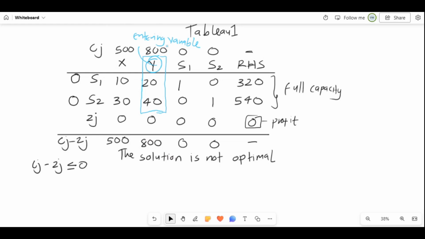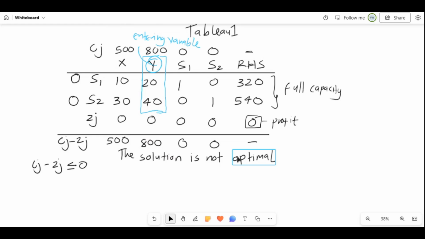So the next thing we identify is the pivot row. While talking about the pivot row, we only focus on our constraints because we have S1 and S2. There are only two constraints. That is why we have S1 and S2. Remember, if the question had several constraints, we could have had more than S1 and S2. So when looking for our pivot row, we are only focusing on our constraints, so it can either be S1 or S2.